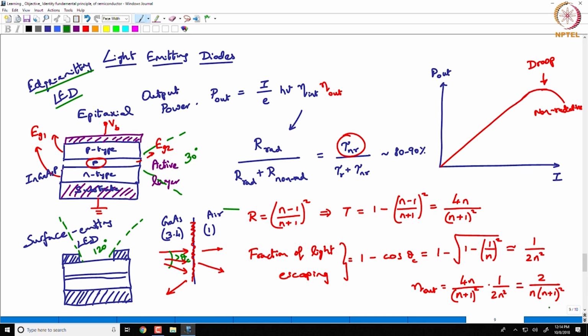So, we will move further into this. One of the interesting aspects that you see here is the output power closely follows the injected current. So, that gives you some ideas, right. One of those ideas may be that you can modulate the current that is fed into the LED, and you can expect a corresponding modulation of the output power coming from that LED.